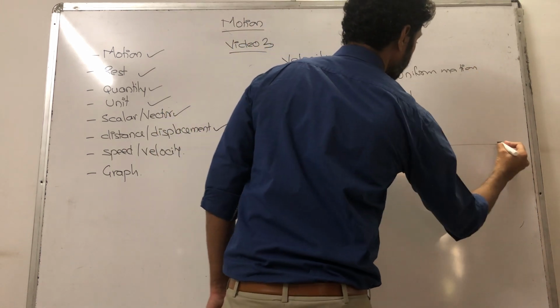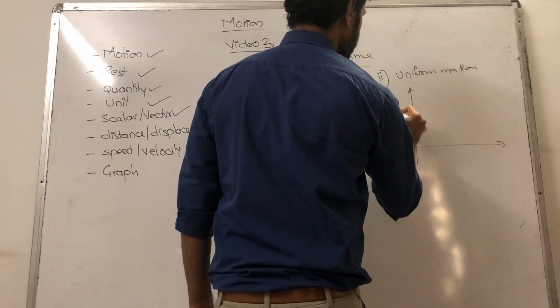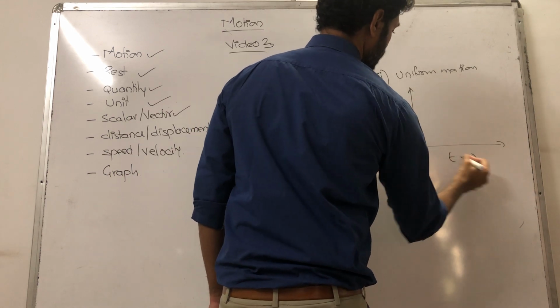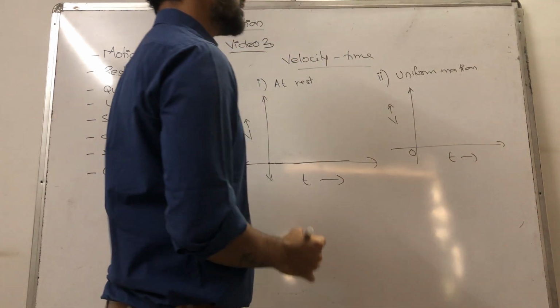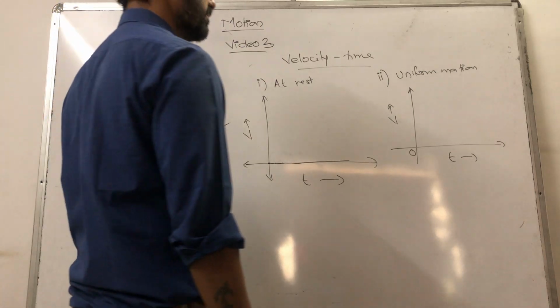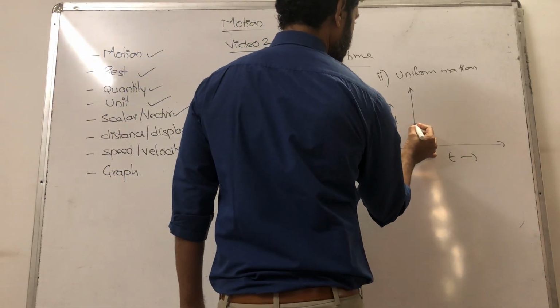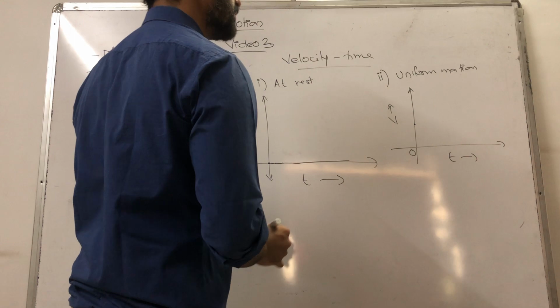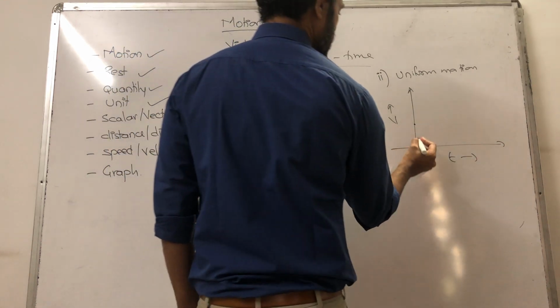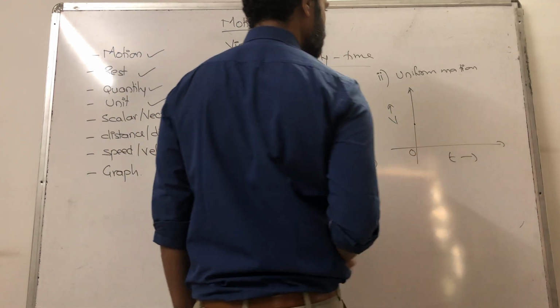Velocity time graph for uniform motion. We know for uniform motion the body will have a constant speed. Let's say this point is the speed of the object. Now at time t equals 0, this is the speed.